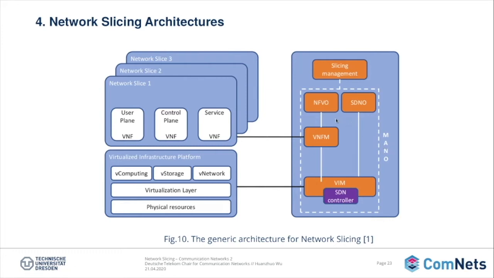So first, the virtualized infrastructure platform. The platform provides virtual resources such as virtual computing, virtual storage, and virtual network to assign to one or more slices. Virtualization is performed through a virtual infrastructure manager.